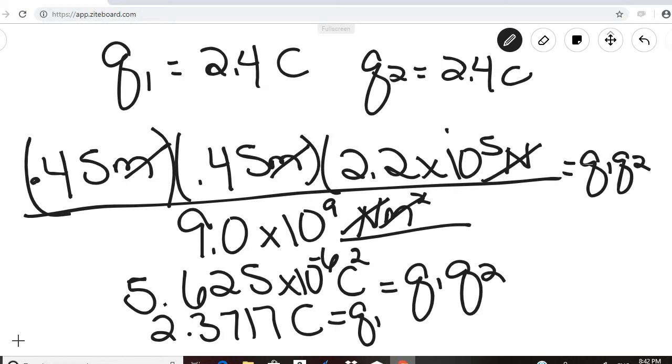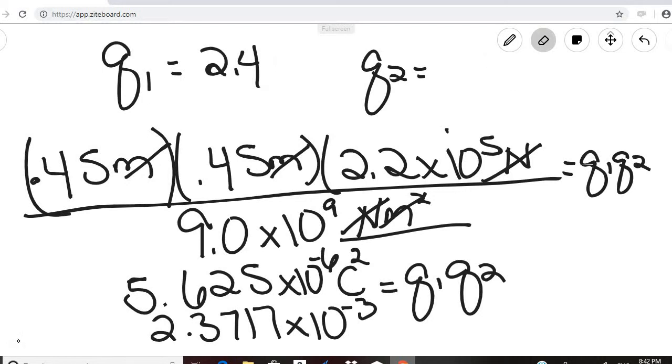Actually, this is 2.4. These numbers are times 10 to the negative 3. So this is 2.4 times 10 to the negative 3 coulombs.